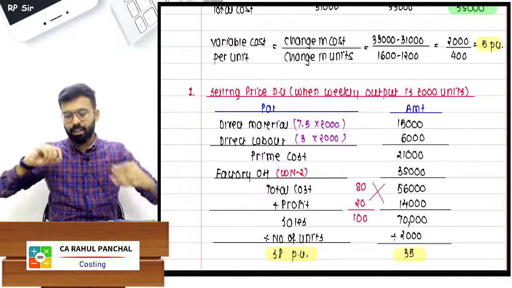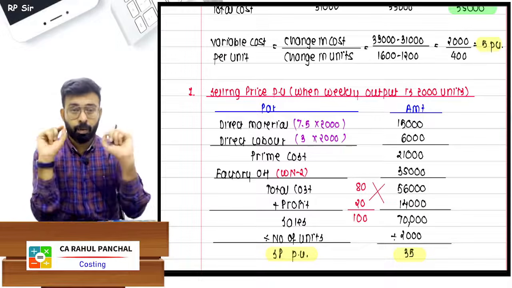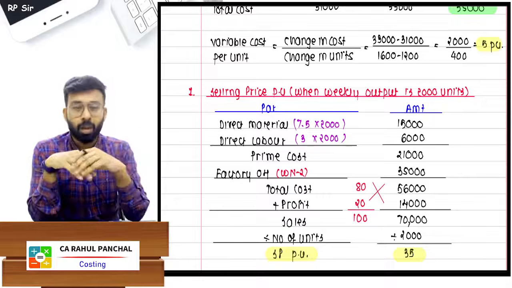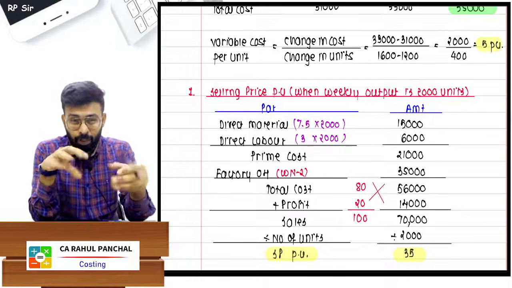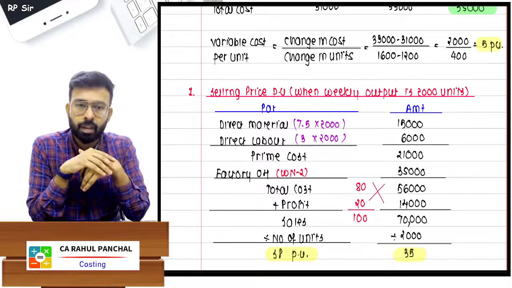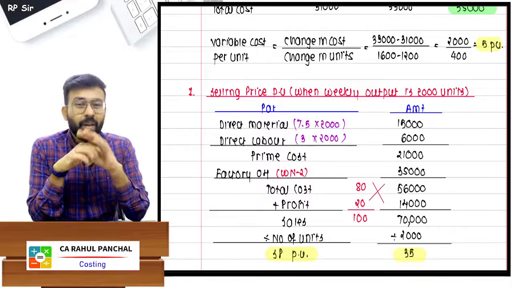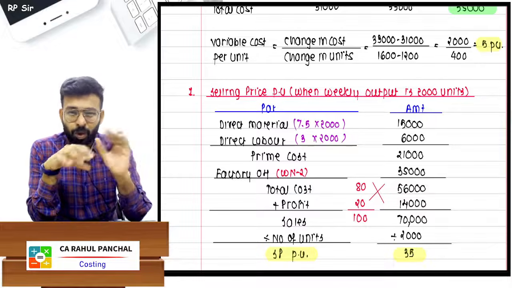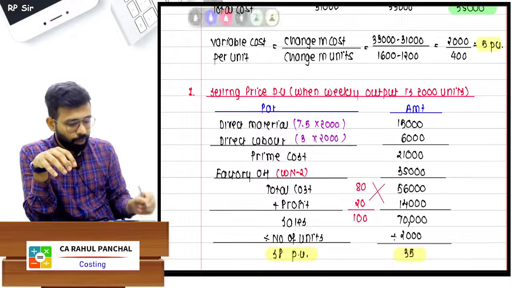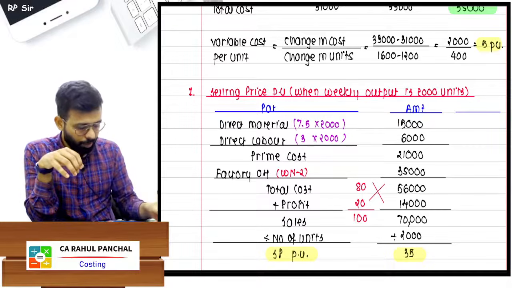Only when they say make the cost sheet, then you have to make that entire format nicely, with the CPU column and all. But if they just ask you to calculate the selling price, then that is okay. It is not a full-fledged cost sheet where administration, finished goods and everything is coming. But just in case you have a doubt in examination, always make that column. Once the paper is done, if you are in doubt, make the per unit column and just finish it off.